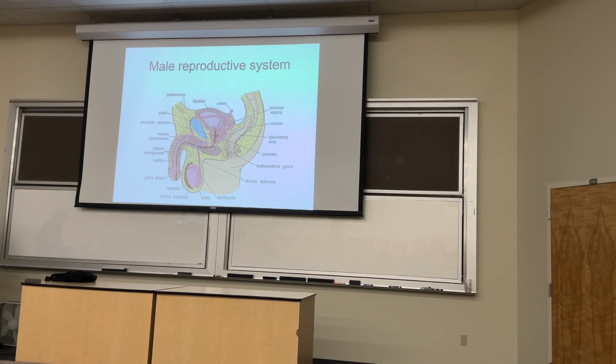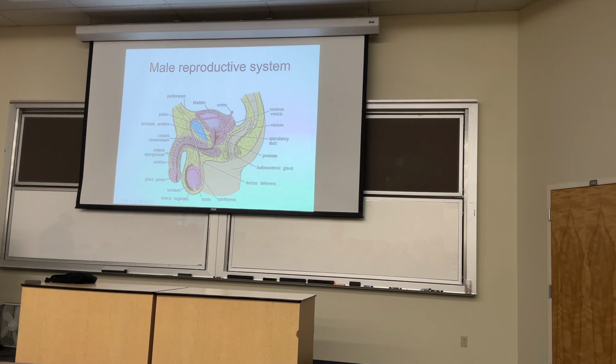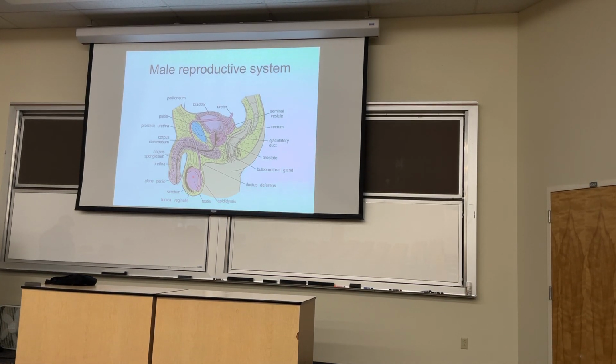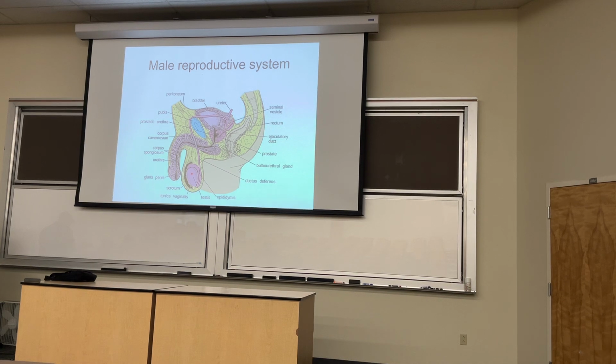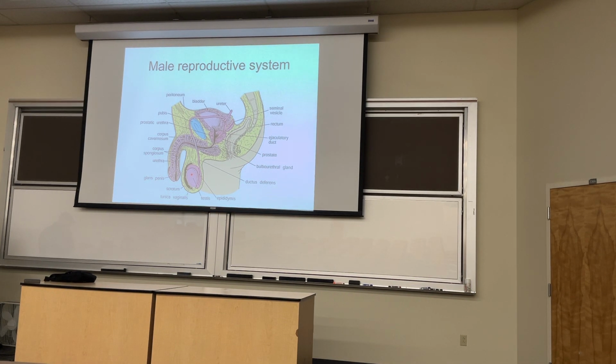In the reproductive system, we know that there are a number of different organs that we're going to be looking at histologically. We have the two testes, and we have a tubular system that we're going to look at in some detail.